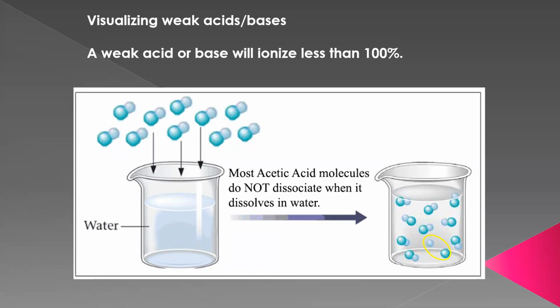A whole lot less than 100%. If strong acids and strong bases ionize close to 100%, weak acids and weak bases ionize close to 0%. For some of our weak acids and weak bases, they won't even make it to 1% ionization. Like in AP chemistry, we have to deal in decimals of percentages for how much they ionize.